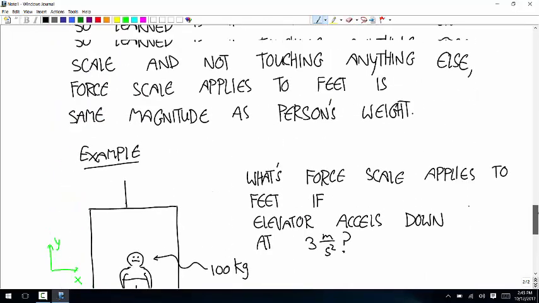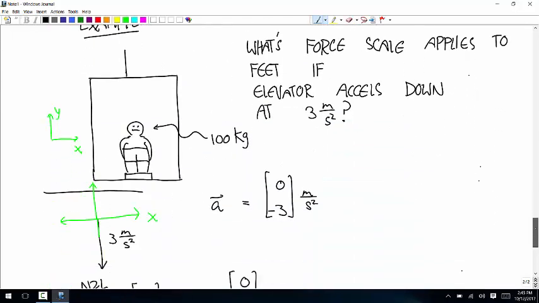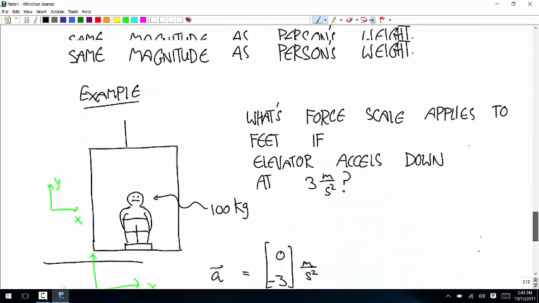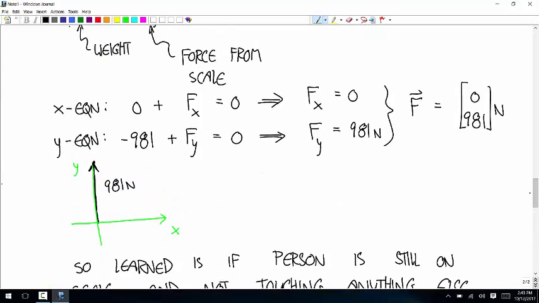Up here, this was equal to, let's see, where did I do it? About 220 pounds. Oh, let me do it here.